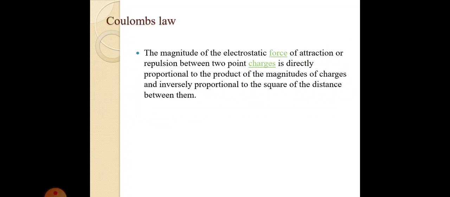Next topic is Coulomb's law. Coulomb's law states that the magnitude of the electrostatic force of attraction or repulsion between two point charges is directly proportional to the product of the magnitudes of the charges and inversely proportional to the square of the distance between them.